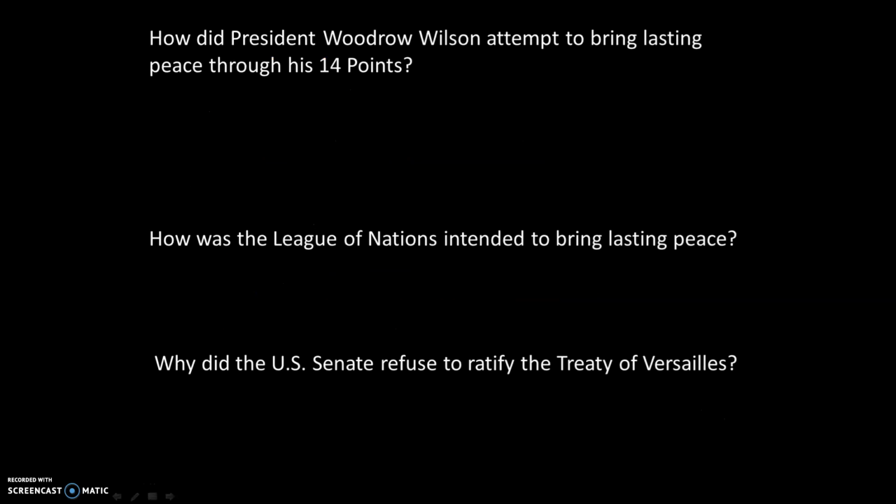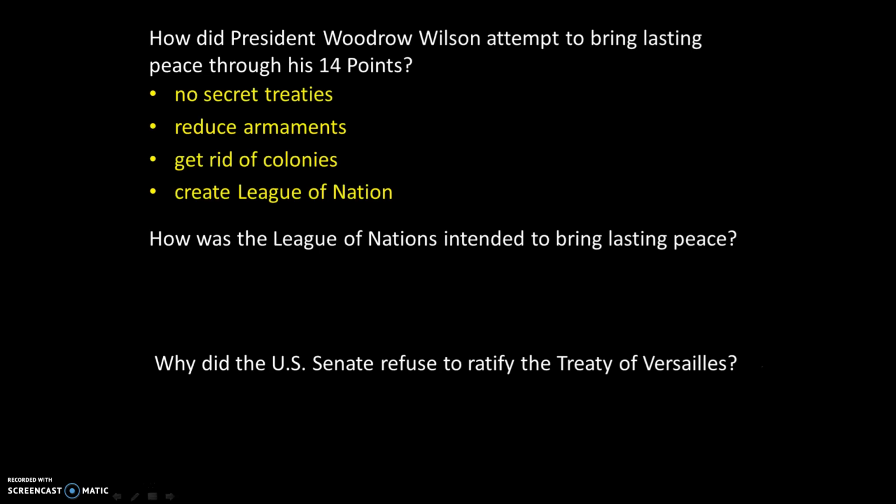Speaking of which, how did President Woodrow Wilson attempt to bring lasting peace through his 14 points? If you look at the graphic organizer for lesson 5, you'll see many of these listed there. No secret treaties, reducing armaments, getting rid of colonies, and the creation of a League of Nations.